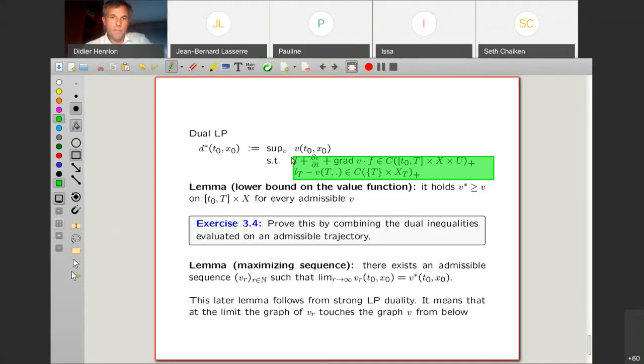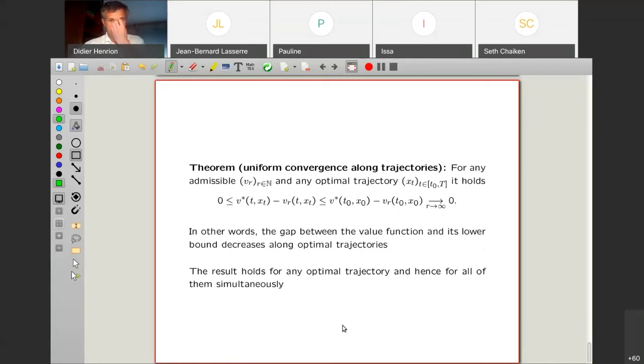And since we are maximizing the value of v pointwise at the initial data, there will be an admissible sequence that will touch the graph of the value function at that point from below. If you're familiar with viscosity solutions, this will remind you of something. So it means that we will get a sequence in the dual that will approximate as closely as desired the value function at a given point. And actually we can say more.